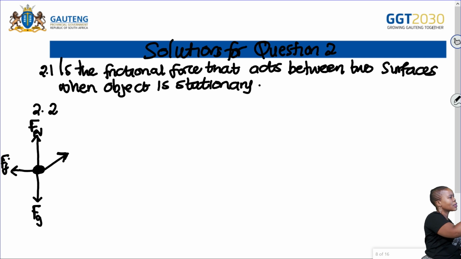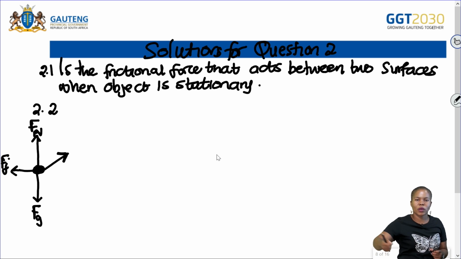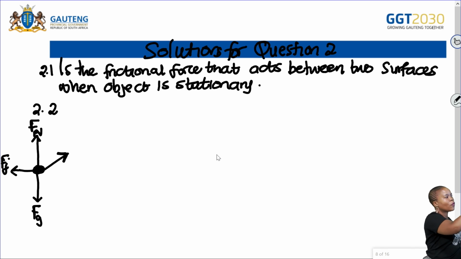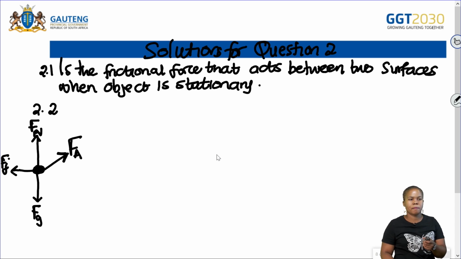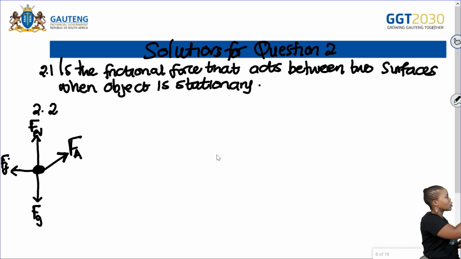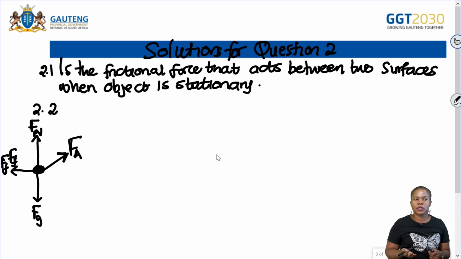Because if the object was already moving, accelerating, then the applied force would be bigger than the other forces. Let me just write the frictional force here so that it is visible for you as well. So 4 marks for 4 forces.